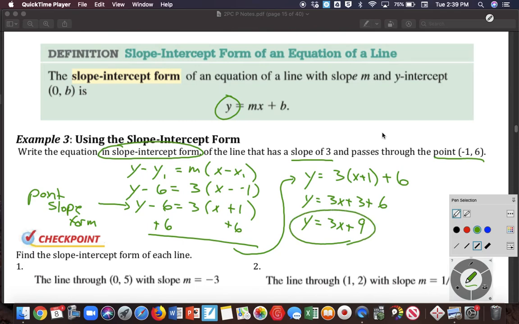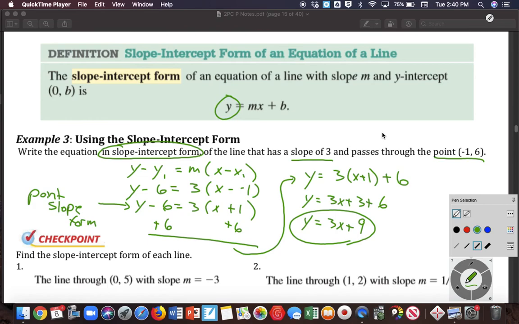Now, this might not be the way that you're familiar with. You can plug in your slope and your x and your y into slope intercept and then find the b value, which I can show you as well. But ultimately, you can use point slope.